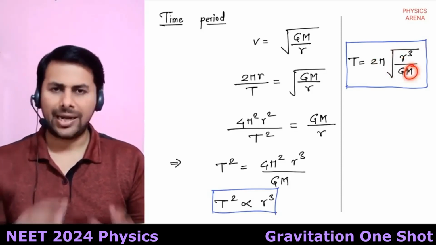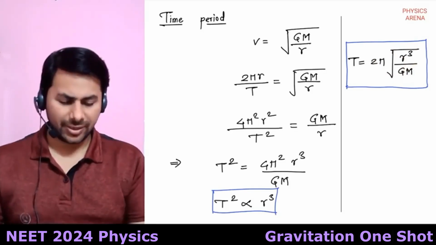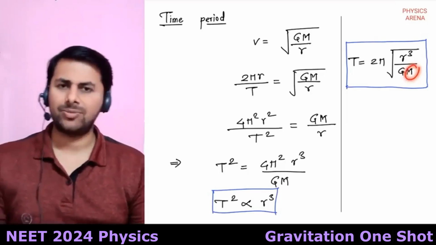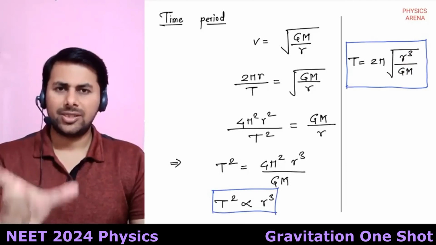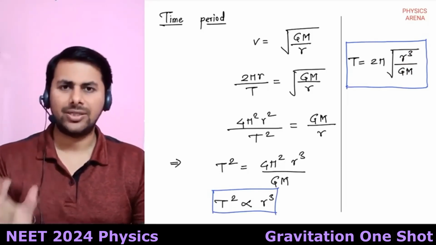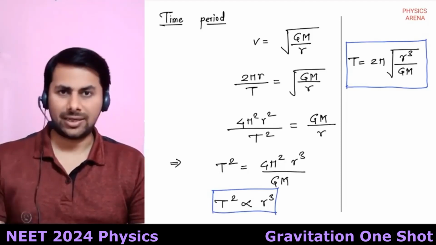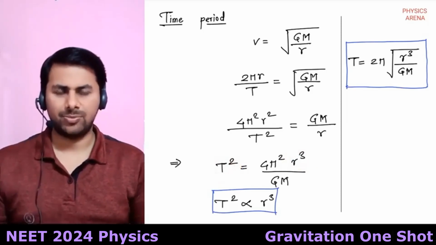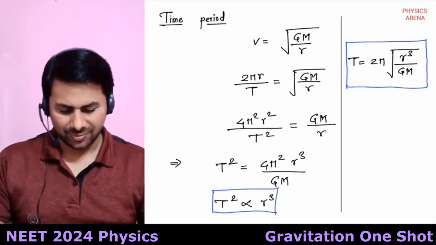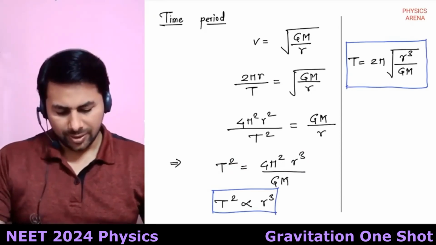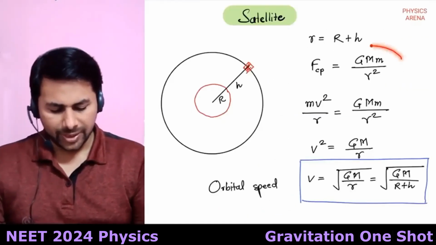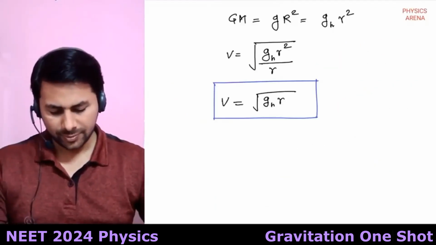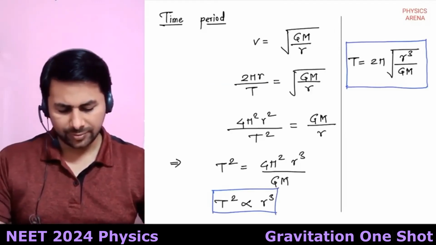Here M is the mass of the sun, the mass of that thing around which your satellite revolves, and r is the semi-major axis, or the average radius of the planet around the sun. T squared is directly proportional to r cubed. It was proved by Newton. So if you take this form of gravitational force, you can prove Kepler's laws. Is this clear?